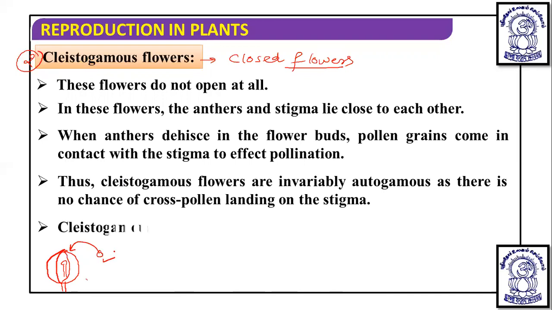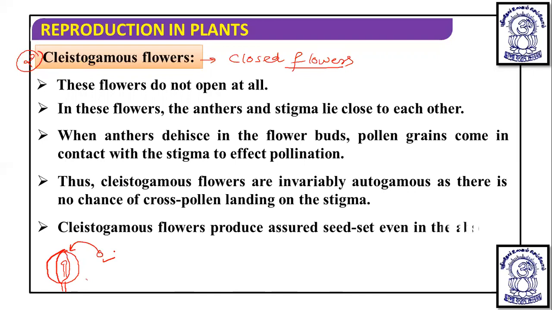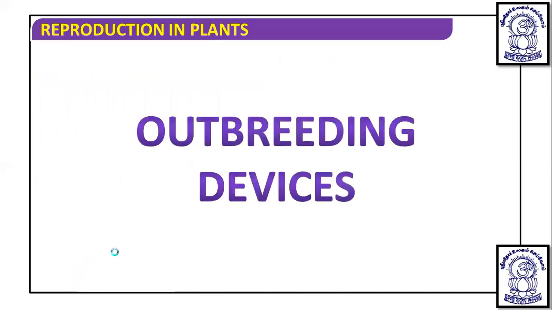So cleistogamous flowers produce assured seed set even in the absence of pollinator. This is one of the important examples of self-pollination. These two types of flower are found in Oxalis, Commelina, and all these examples.